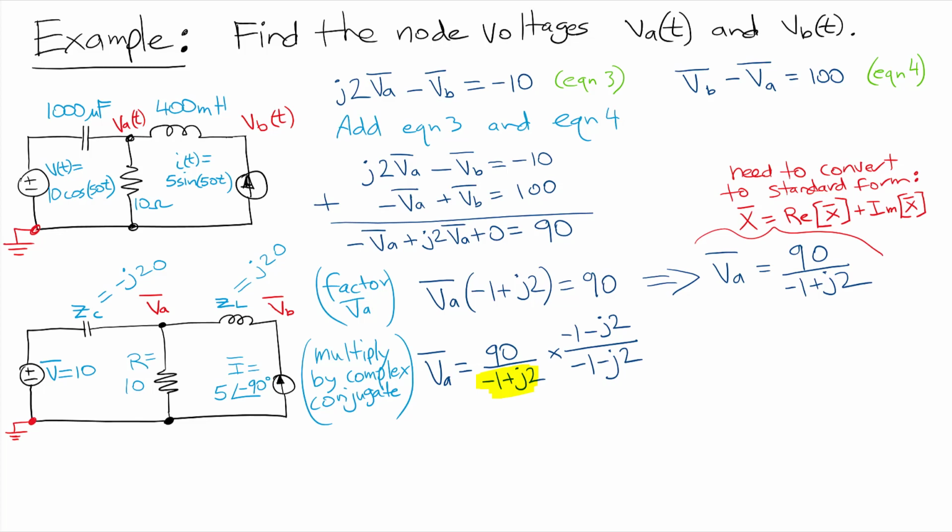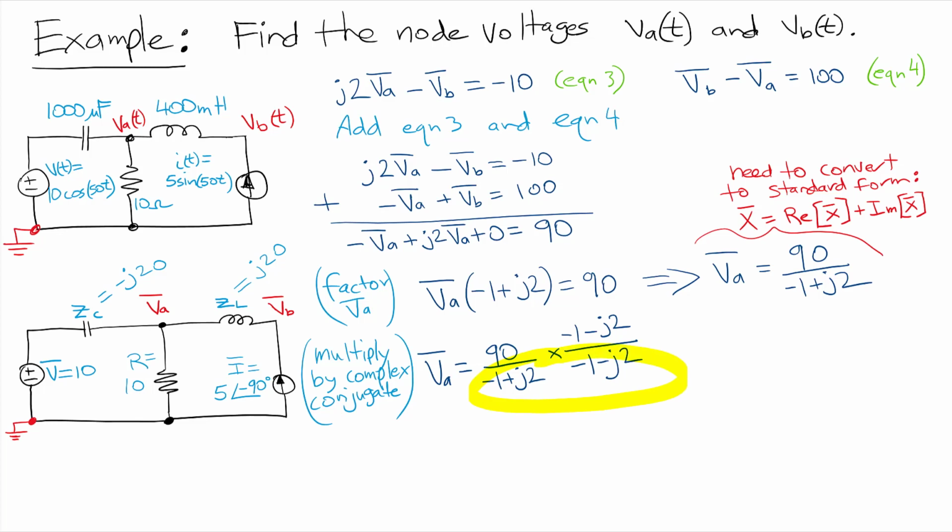So now, this part here is equal to 1, okay? It's just the same thing divided by the same thing. So we're not changing this number, because we can't change it or else it'll be a different number. So we're multiplying by 1, but why do we multiply by the complex conjugate? When we multiply by the complex conjugate, the denominator is going to work out to be a real number.